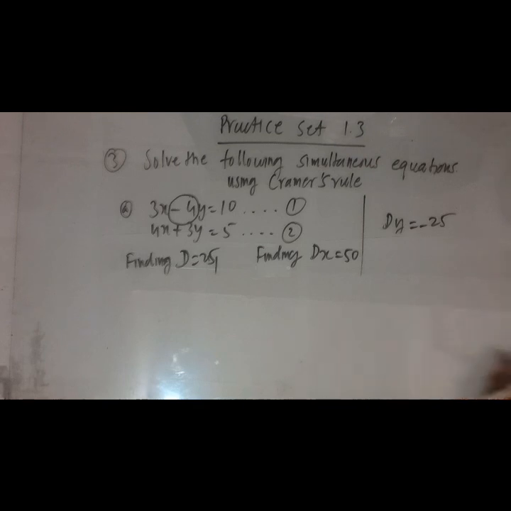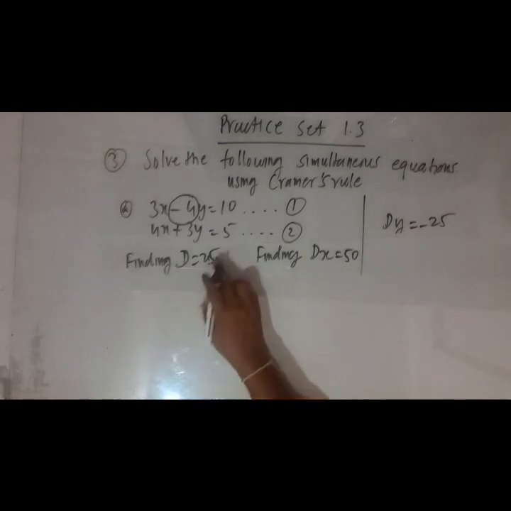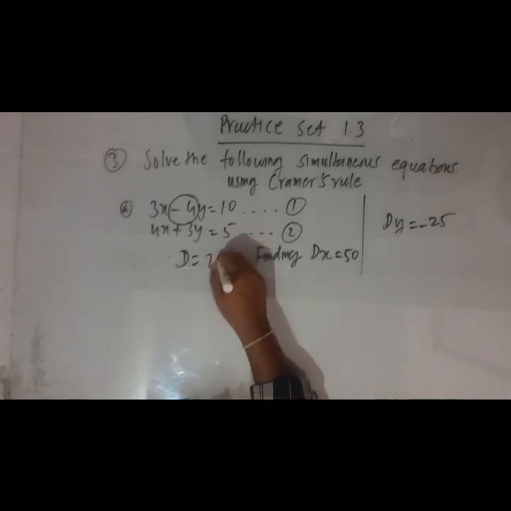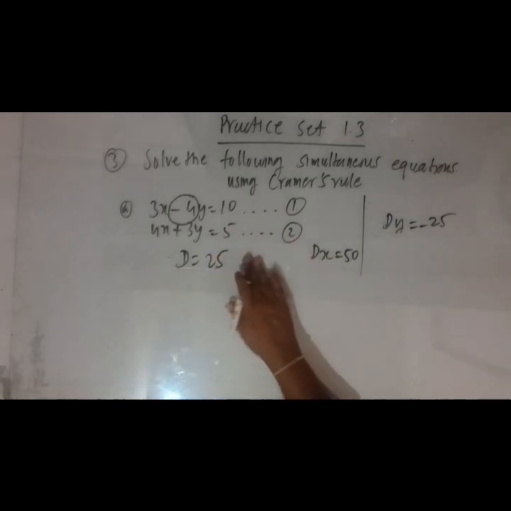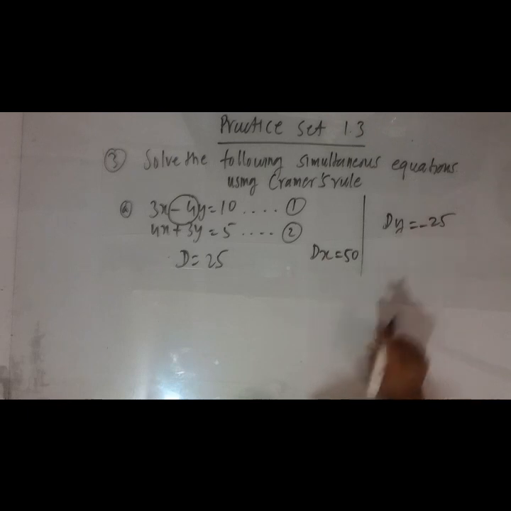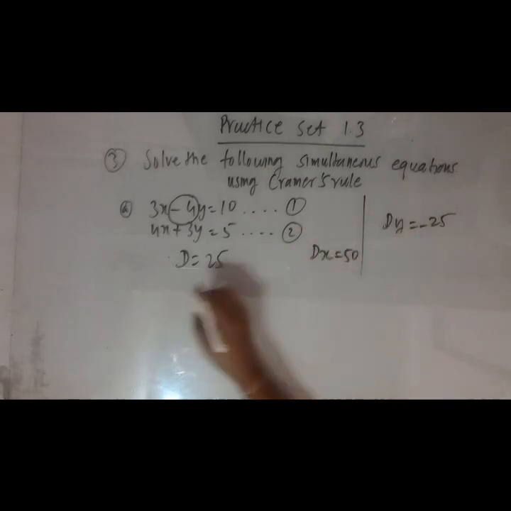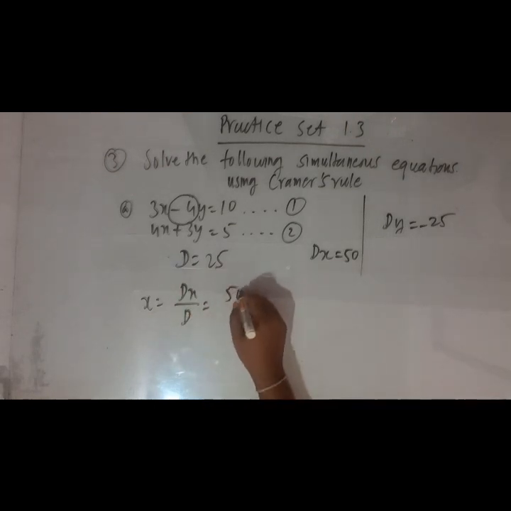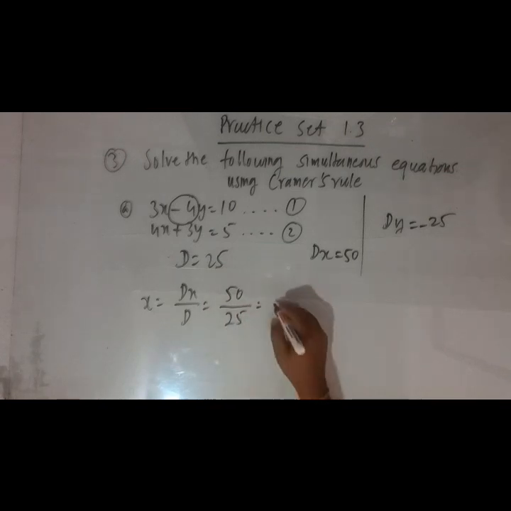So you got the values: d is 25, dx is 50 and dy is minus 25. So your x will be dx upon d. Now dx is 50 and d is 25, so 50 upon 25 is 2.